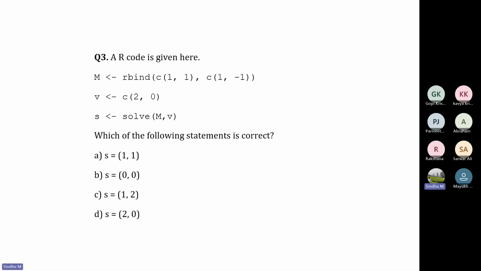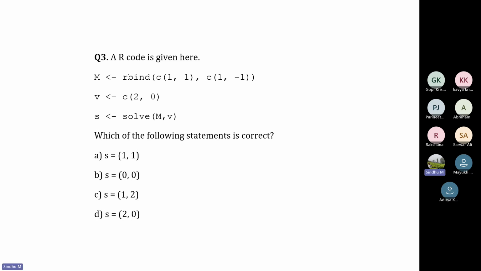So if we matrix multiply and write it in equation form, it is x plus y equals 2, x minus y equals 0. When you add these two, plus y and minus y will be cancelled. 2x equal to 2, x equal to 1. And when you substitute x equal to 1 here, you will get y equal to 1.